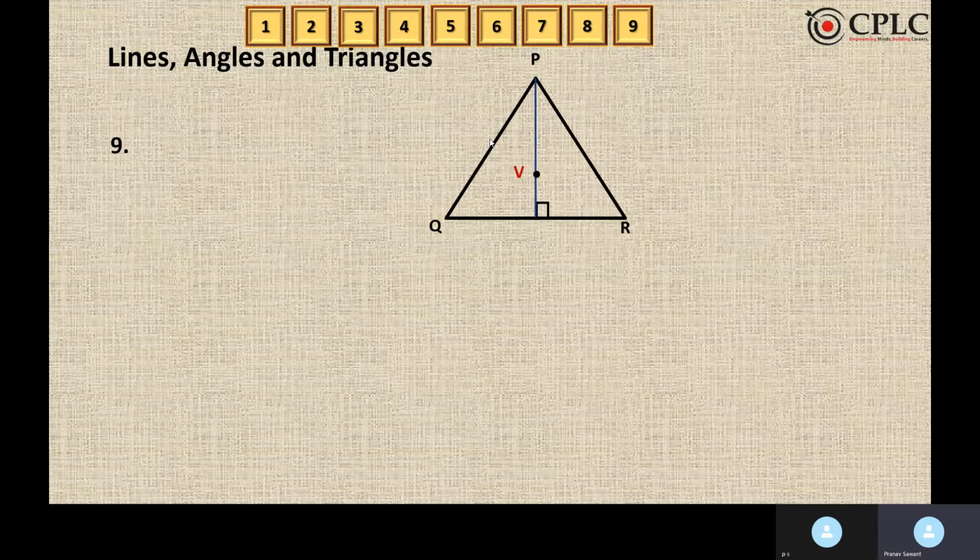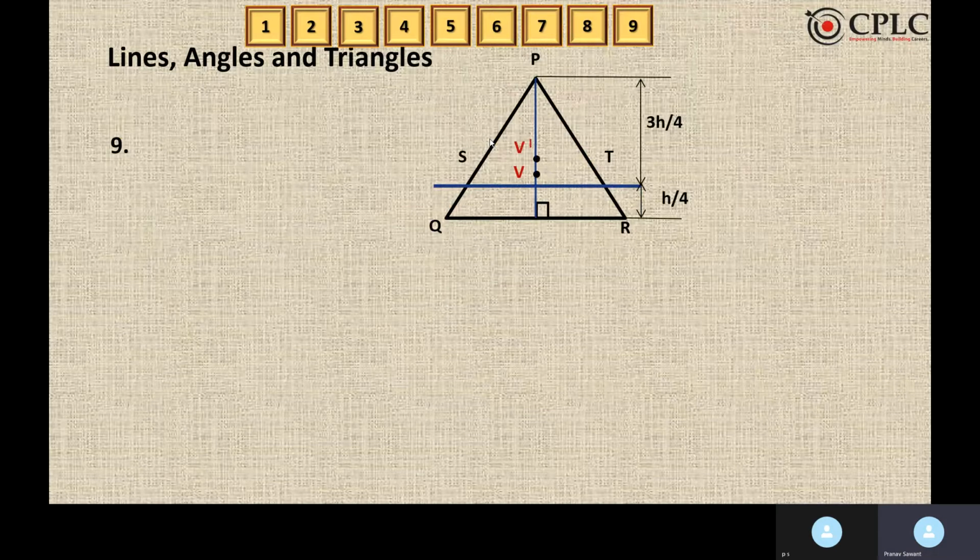This is the first point, that is centroid V, and this is the line ST. Now we know that it's 1/4 of the height, so it is going to be h by 4. Now, if the bottom part is h by 4, the upper part is going to be 3h by 4. That is the remaining part of h by 4. So the upper part is going to be 3h by 4.